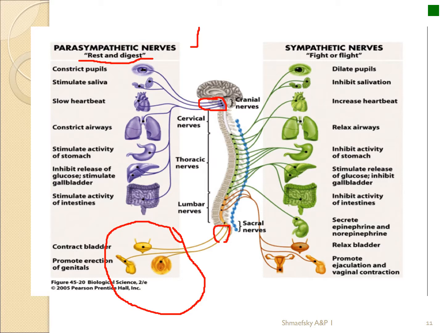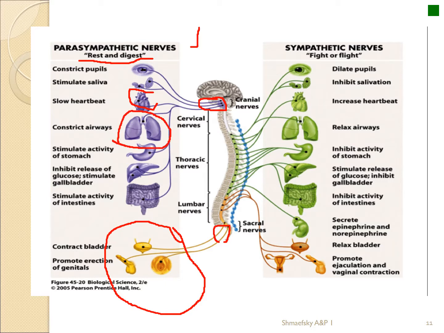The parasympathetic nervous system constricts your pupils. That means it makes the pupil, the opening of your eye, really tight, really closed. It stimulates saliva. Think about that. This is involved in digestion. It slows the heart rate. That's involved in rest. It constricts airways.